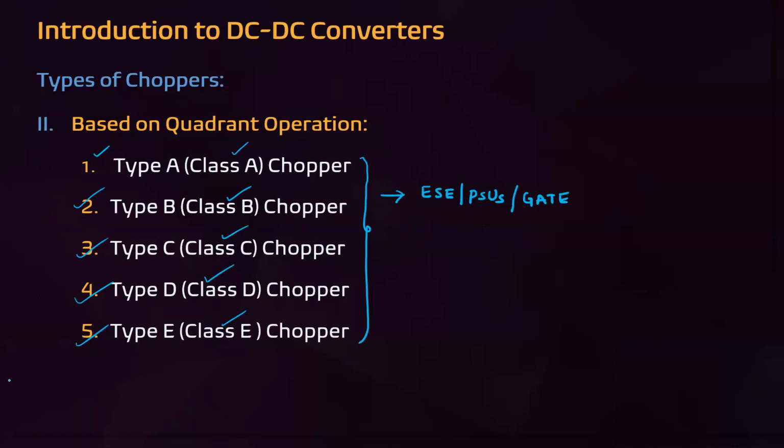Questions are asked on quadrant operation: Type A chopper operates in which quadrant, type B in which quadrant, type C in which quadrant, like that. Those types of questions are important for PSUs.